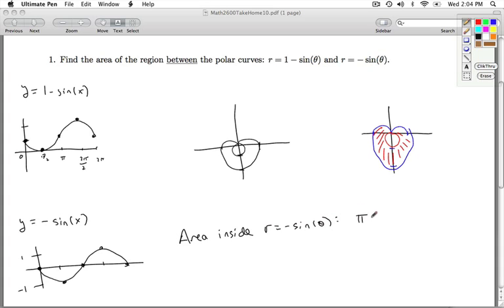That's just pi times the radius squared. The radius of this little circle, since the diameter is 1, is 1/2, so I just get pi over 4.